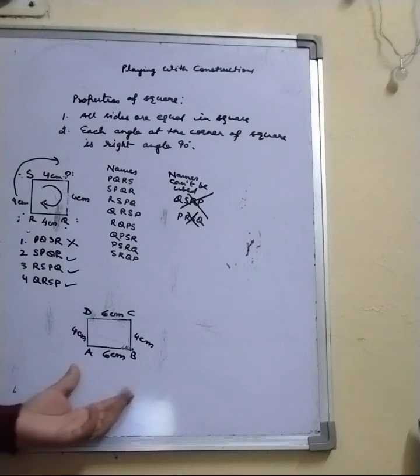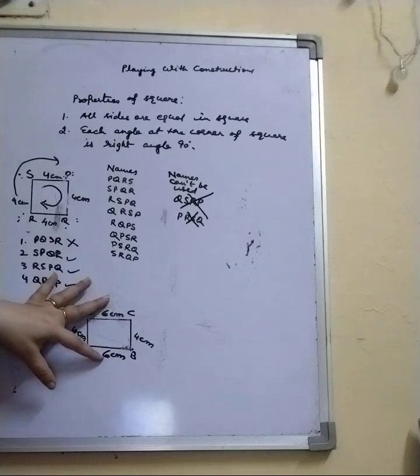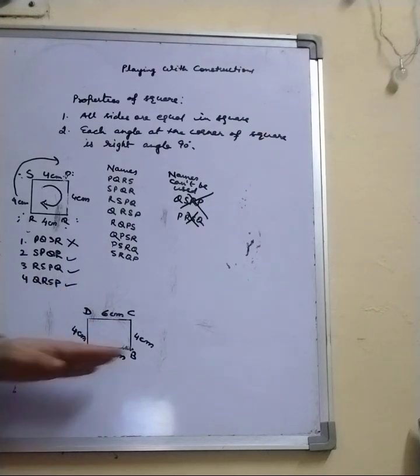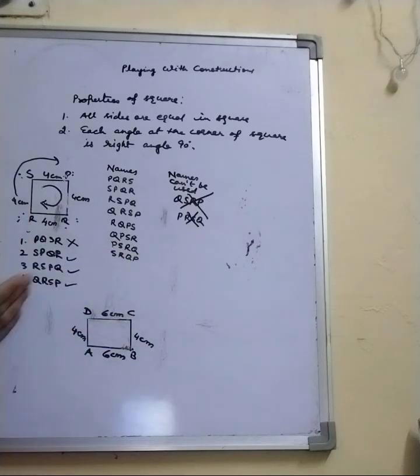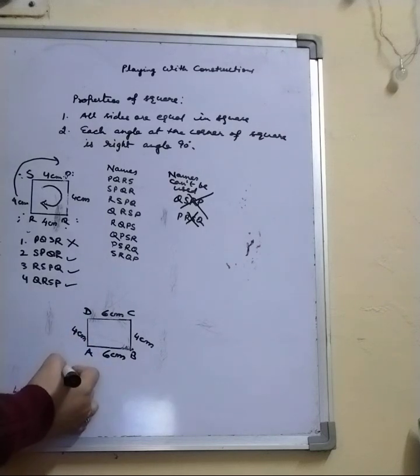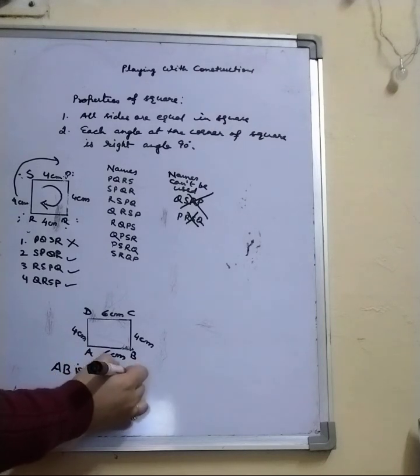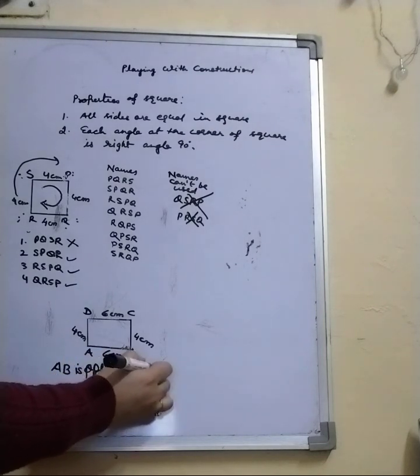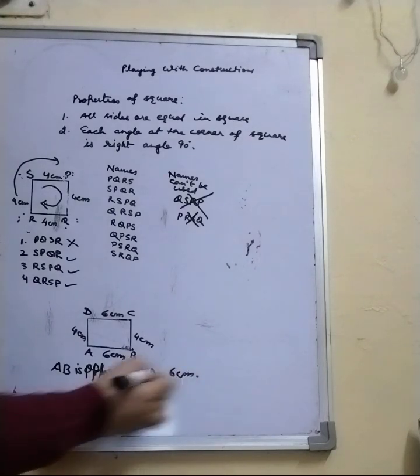A rectangle has two pairs of equal sides. And what are those equal sides? The opposite sides are equal, meaning the ones facing each other, not the sides next to each other. So AB is opposite to CD and its measurement is 6 centimeter.